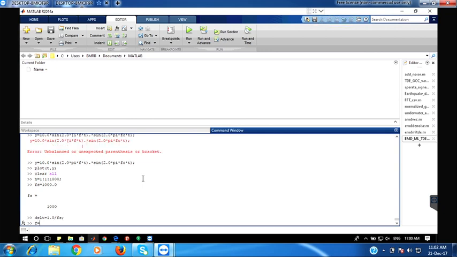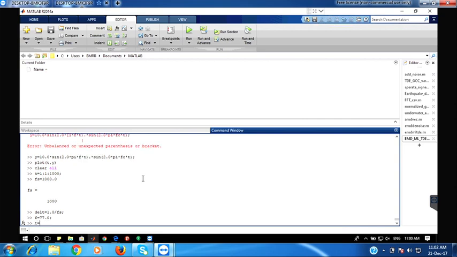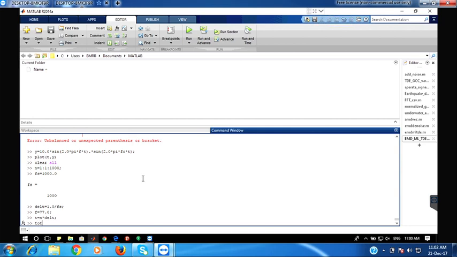F is 77 hertz, that is the frequency of my sine wave. Total time is nothing but n times del t, that is, 1000 times del t.